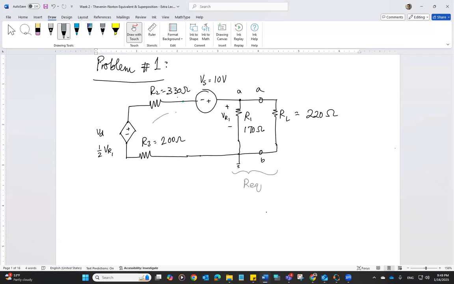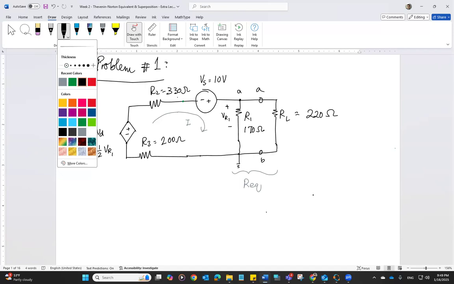Assume that the loop current, when R1 and RL are replaced by R equivalent, is I. So we are going to find the value of the loop current I. Once we have I, we can find VR1, and VR1 is going to appear across the load resistor. So we can find the current in the load resistor using Ohm's law, and of course, we can easily find the power as well. So that's the plan. Let's go ahead and execute our plan.